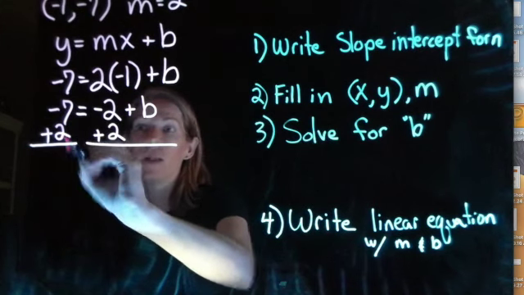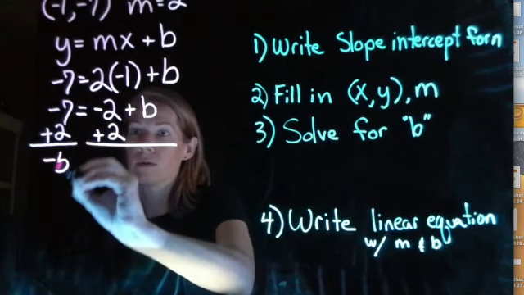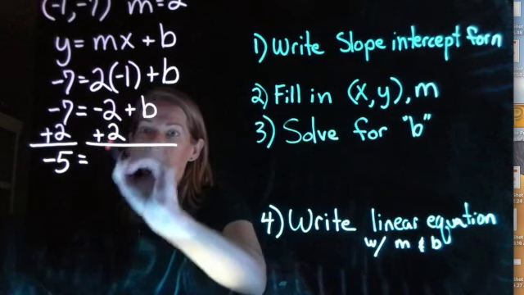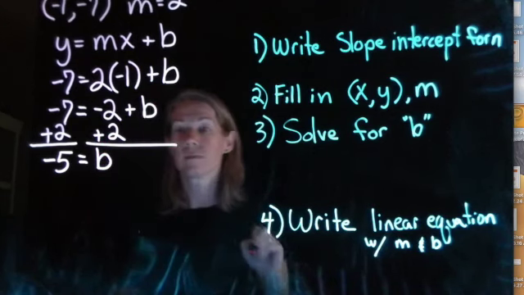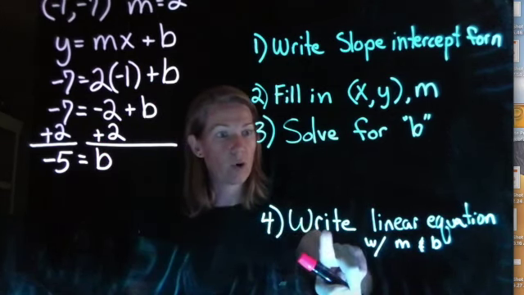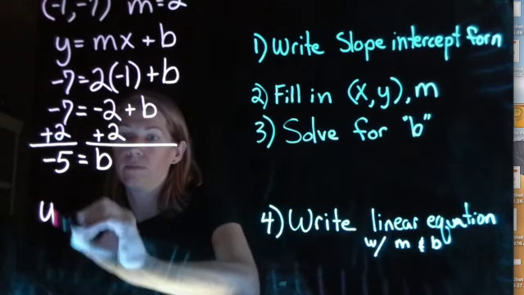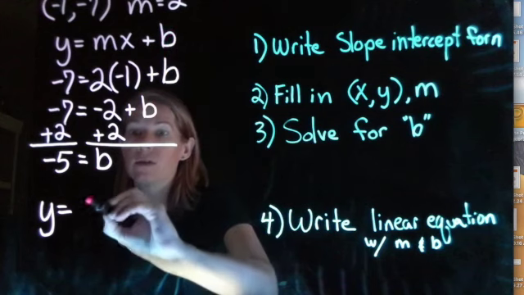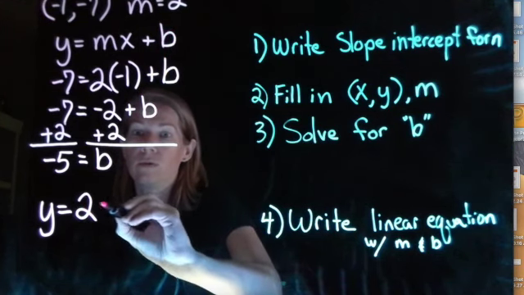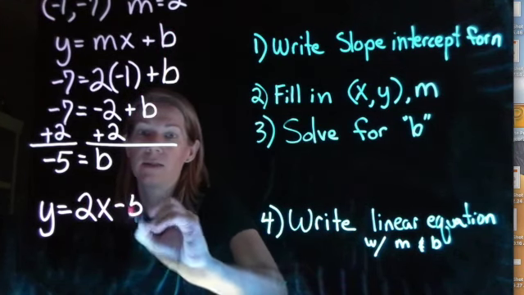Negative 7 plus 2. And step 4, write the linear equation with m and b. So y equals 2x minus 5.